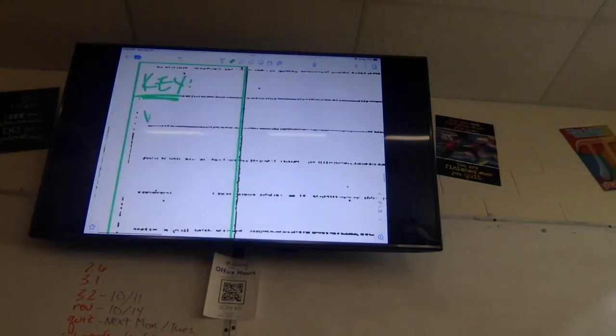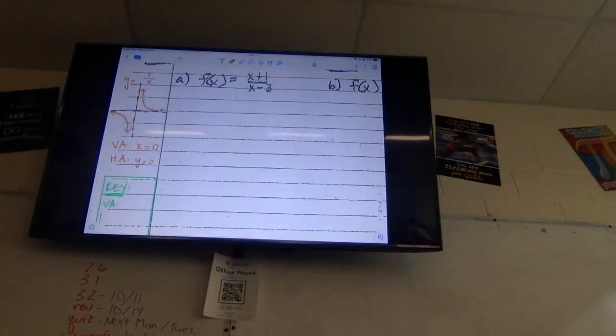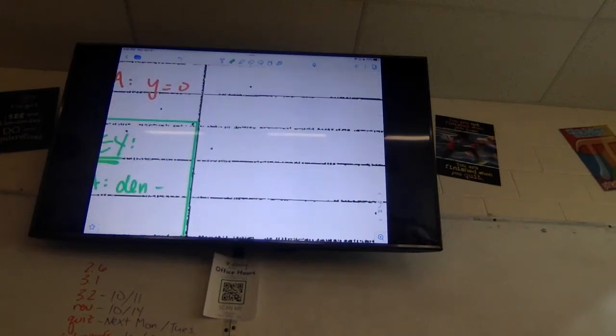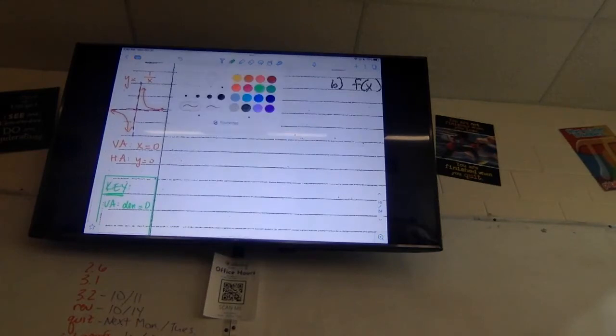So first thing I want to do is remember how I find my VA, my vertical asymptote. If we use the first problem as an example, does anyone know how I'd find my vertical asymptote here? Ava? You would set the denominator equal to 0. Good. My vertical asymptote is where denominator equals 0. So in the same breath, as I'm making this key, I'm going to do those things.